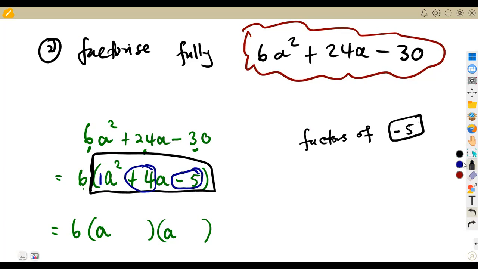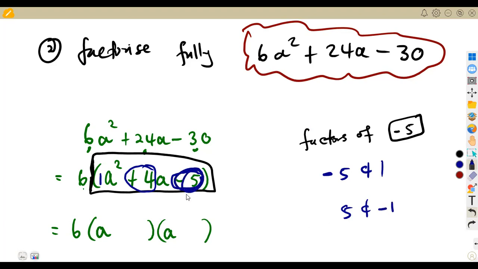All right, the two numbers that we think about having a 5, it's actually 5 and 1. But because it must be a negative 5, it means one of these numbers must be negative. So it's either I'm going to have this as negative 5 and 1, or I'm going to have this as 5 and negative 1.